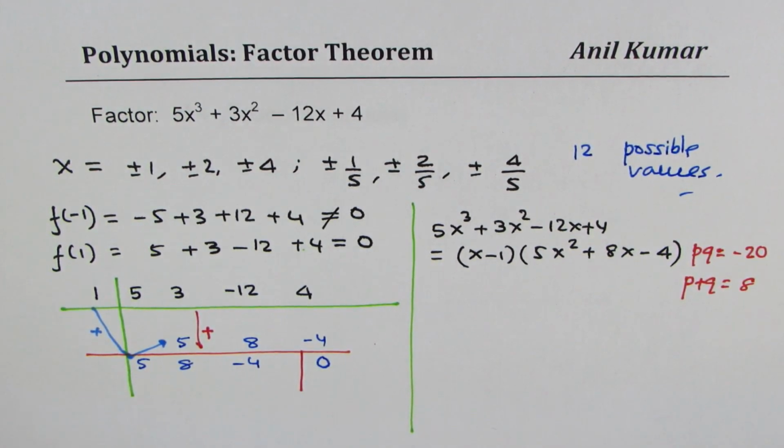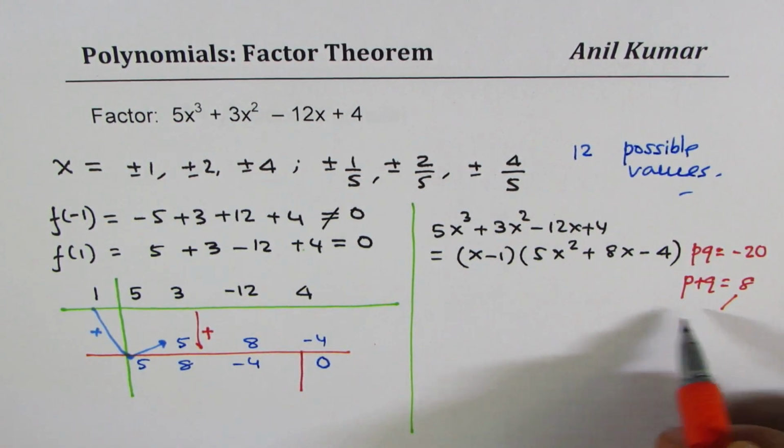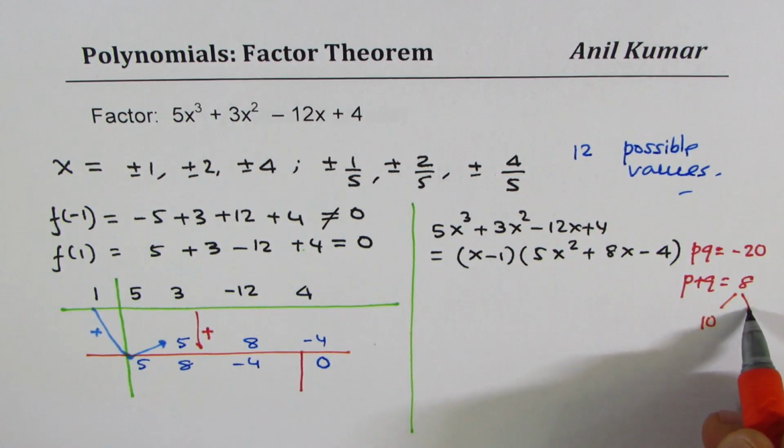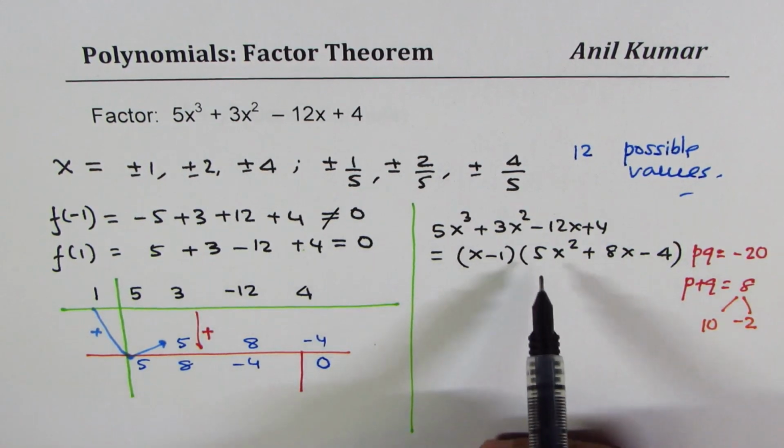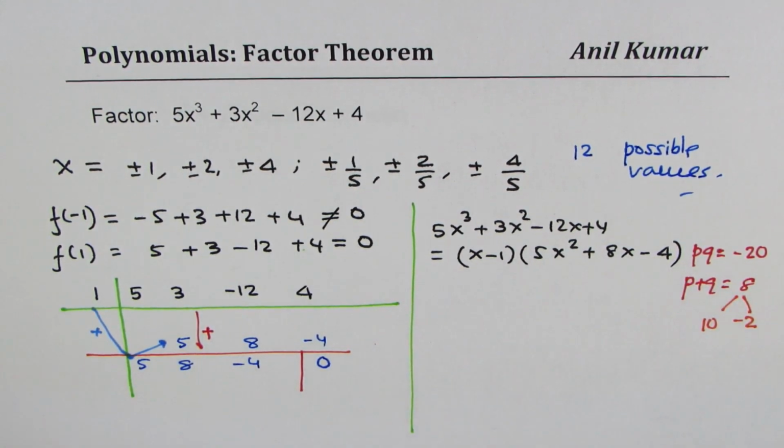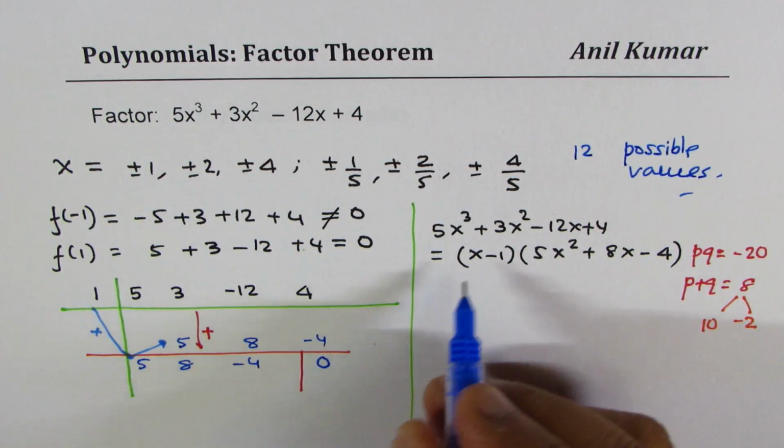So sum of 8, negative 20 product means the two numbers could be 2 and 10, right? So you could try the numbers 2 and 10, where 10 is positive and 2 is negative. So we'll now factor the term 5x squared plus 8x minus 4. So let's rewrite.